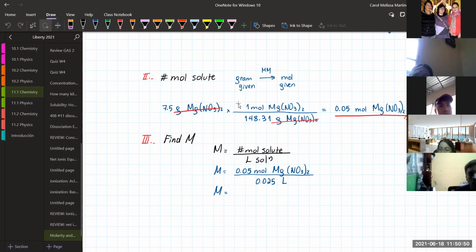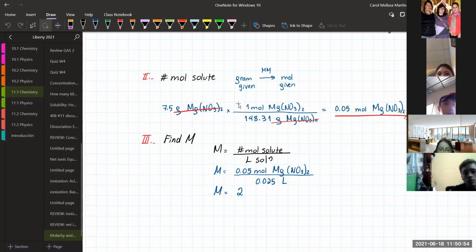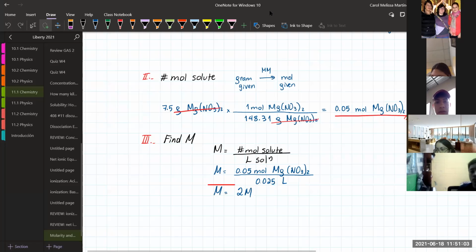How much did you get? 2. So the molarity of this solution is just 2 M. And with this, we finish the problem.